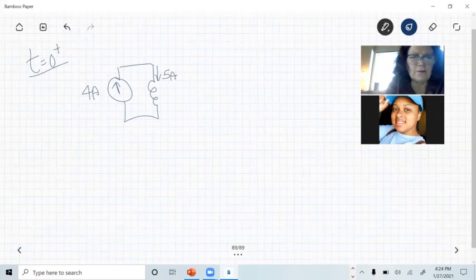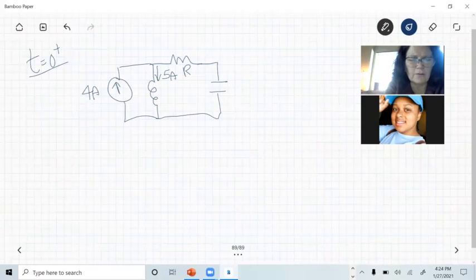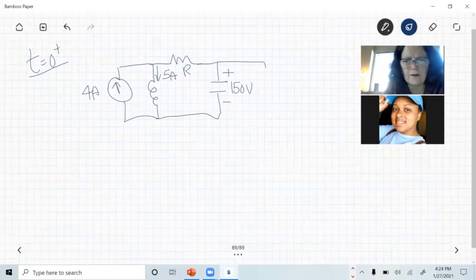That can't change. My resistor was up here, R. And my capacitor has some value, and it has a voltage of 150 volts across it. And that 5 amp source was DC, so it's still in the circuit.